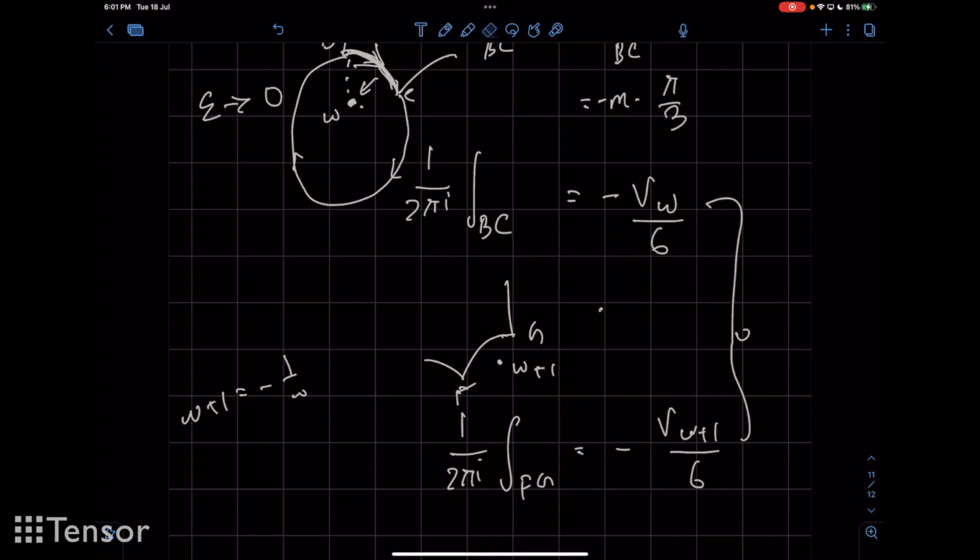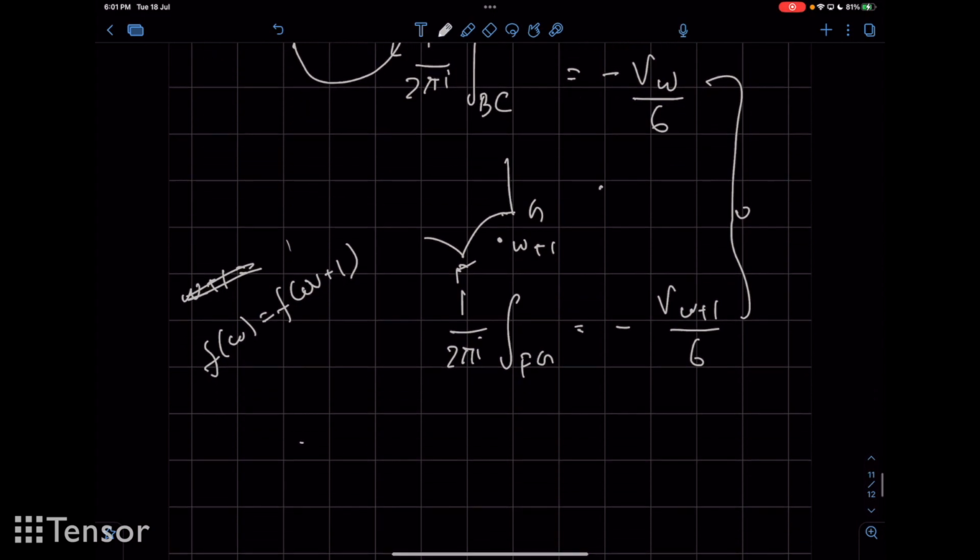Well, there's a very simple reasoning, and that is f is weakly modular, so f of omega is equal to f of omega plus 1. Not only that, if we take a neighborhood of omega and a neighborhood of omega plus 1, f is the same in these neighborhoods. So why should the valence change? They're the same.